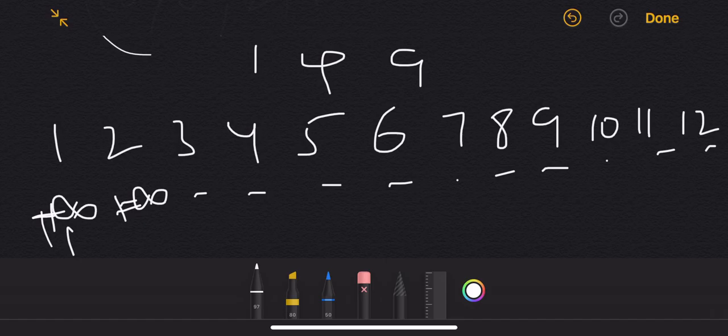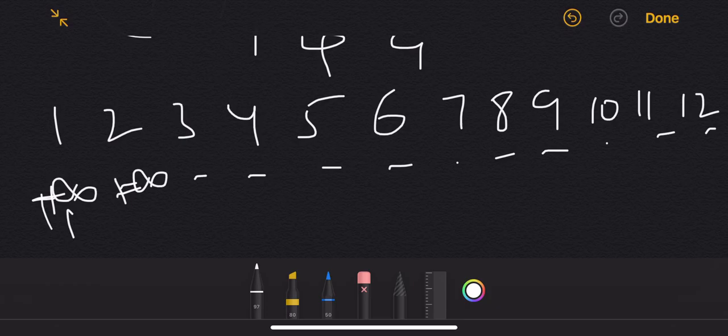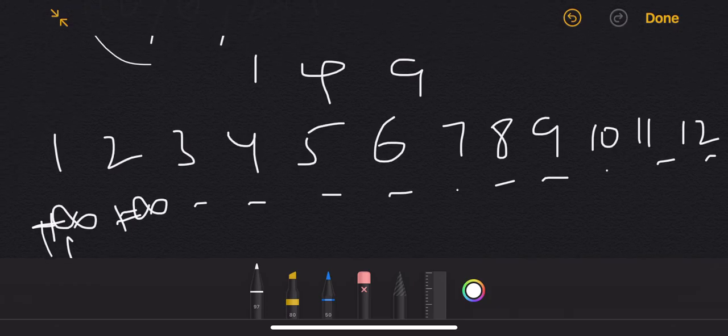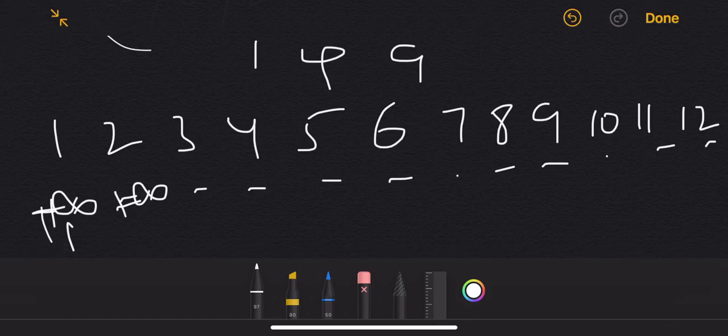And for 2, 2 minus 1 is 1, so we can come to 2 after 1 with 1 additional hop. So the minimum of infinity and the number of hops until 1 plus 1 is 2, so we can come to 2 with a minimum of 2 hops.